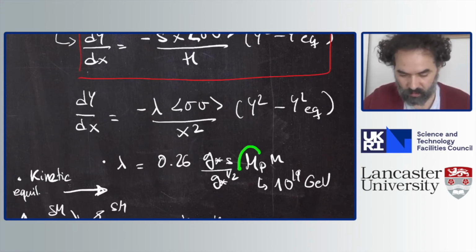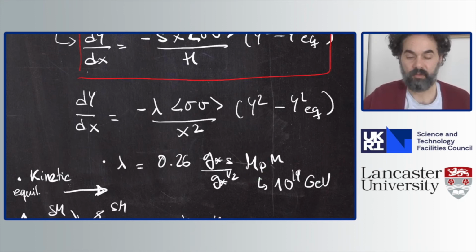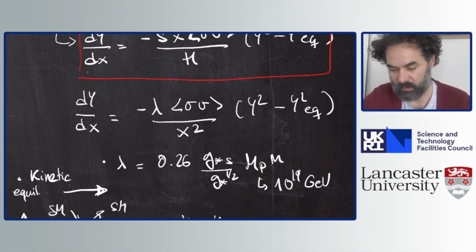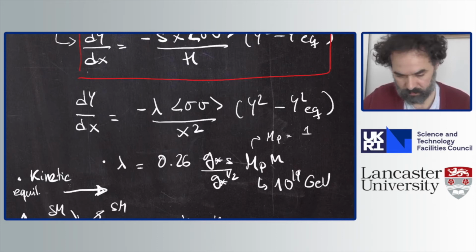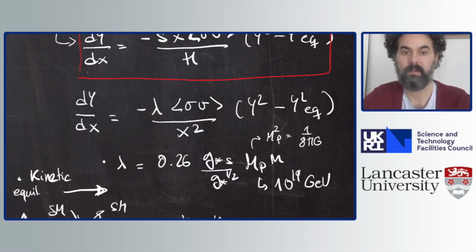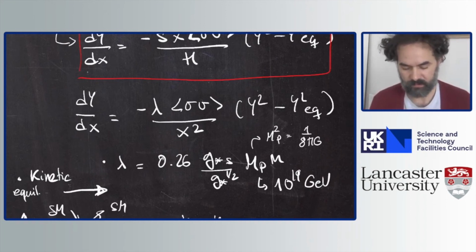Then it depends on what is called M Planck, and what is M Planck? Well, 1 over M Planck squared is 1 over 8 pi G. And finally, there are these g star differences.